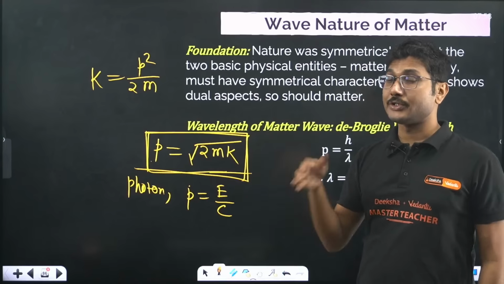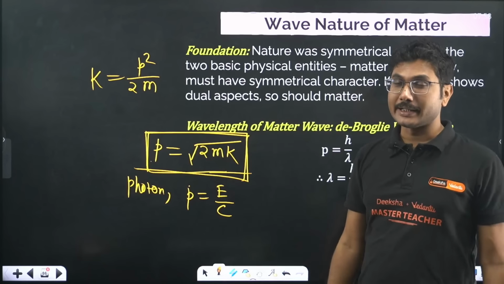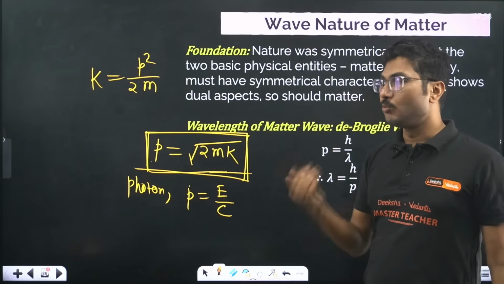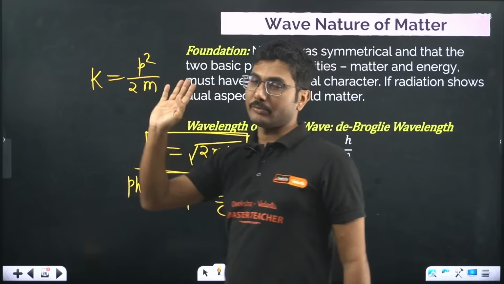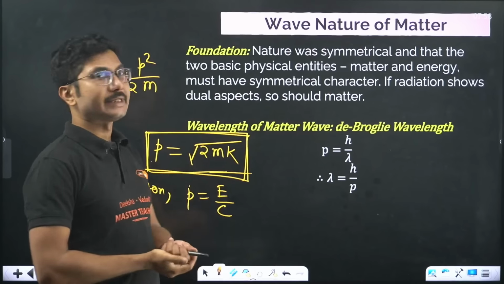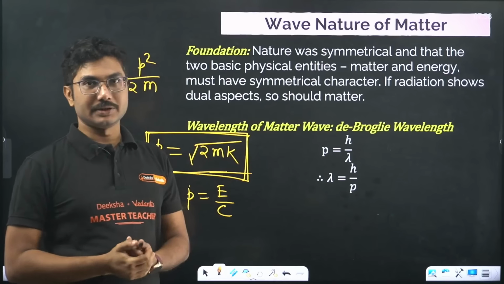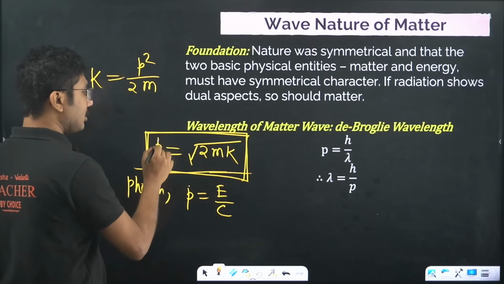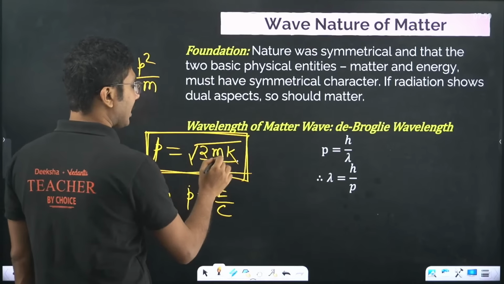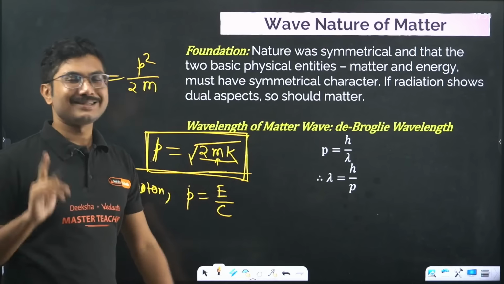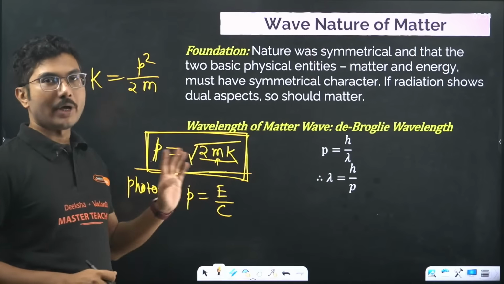There might be many questions where they say moving with same kinetic energy, or moving with same momentum. With same momentum, kinetic energy can be calculated, but for de Broglie wavelength they will say moving with same kinetic energy. Then the corresponding momentum will be square root of 2mk. Mass is important.